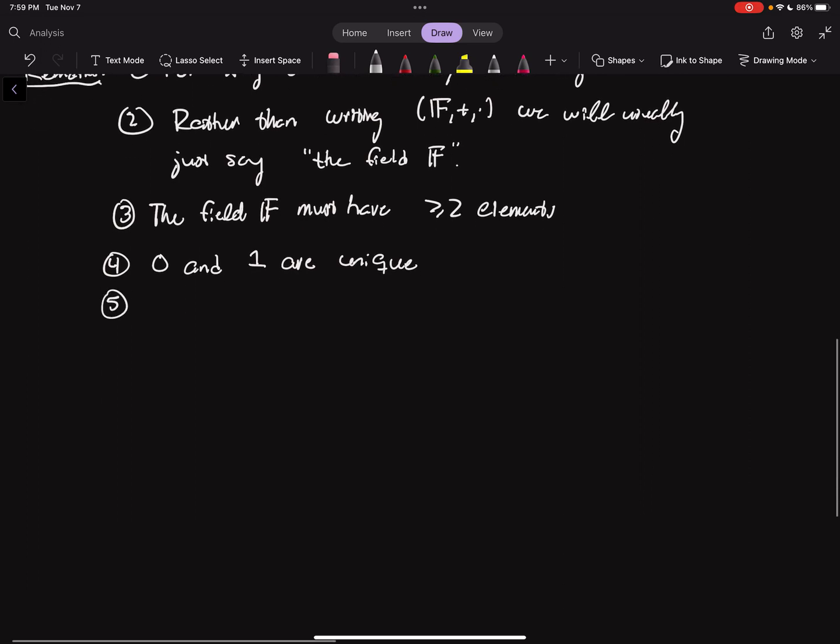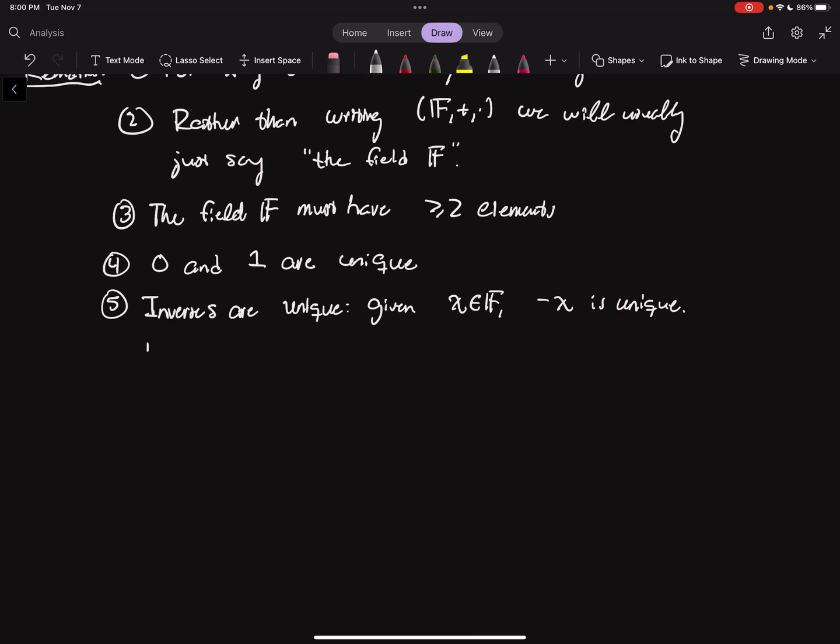Now, similarly, inverses are unique. Given an element x, minus x is unique.